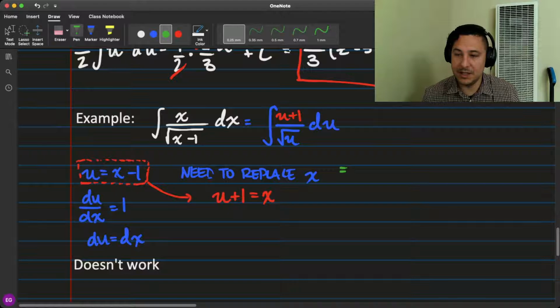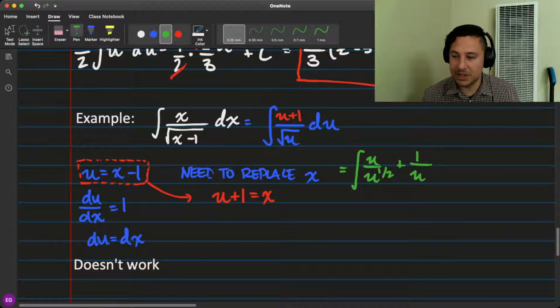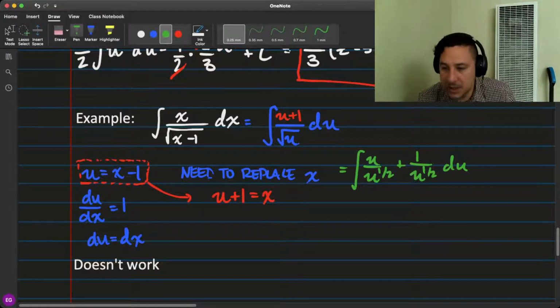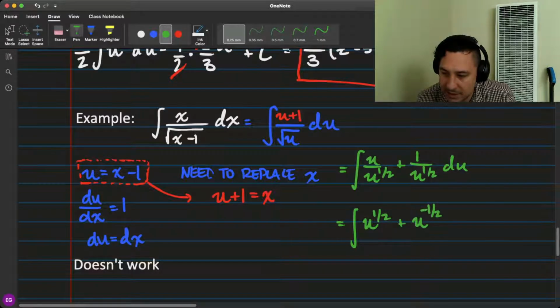You can turn this into two integrals. You get u over u to the half, plus 1 over u to the half. Actually, let's just change everything to exponents. So you're going to get the integral of u to the 1/2 plus u to the negative 1/2.